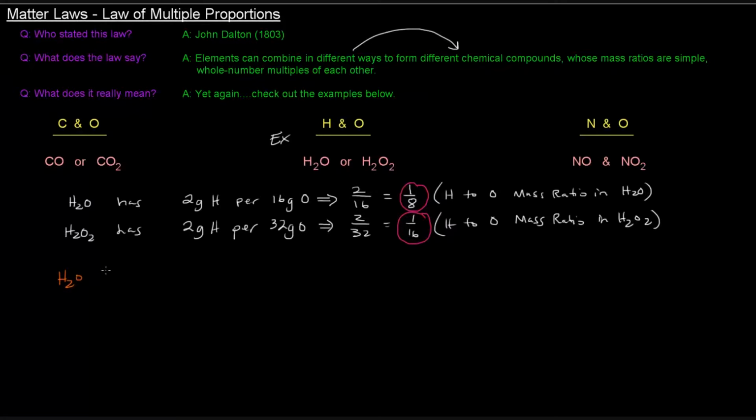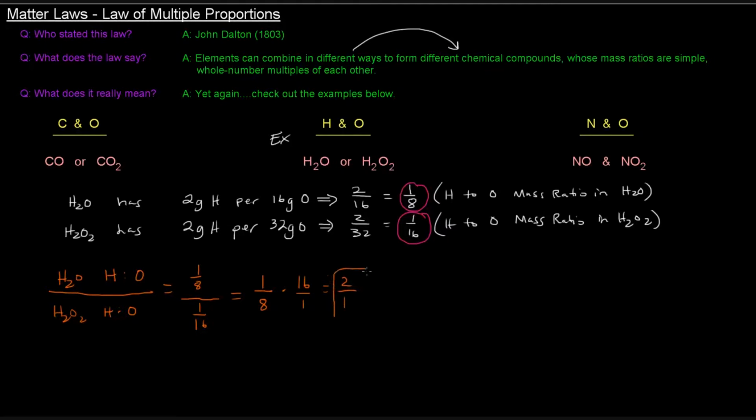Water's hydrogen to oxygen mass ratio, we're going to divide by hydrogen peroxide's hydrogen to oxygen mass ratio. The one for water was 1 over 8, and the one for hydrogen peroxide was 1 over 16. So we have 1/8 divided by 1/16. If you have two fractions, multiply by the reciprocal, so 1/8 times 16 over 1 gives us 2 over 1.